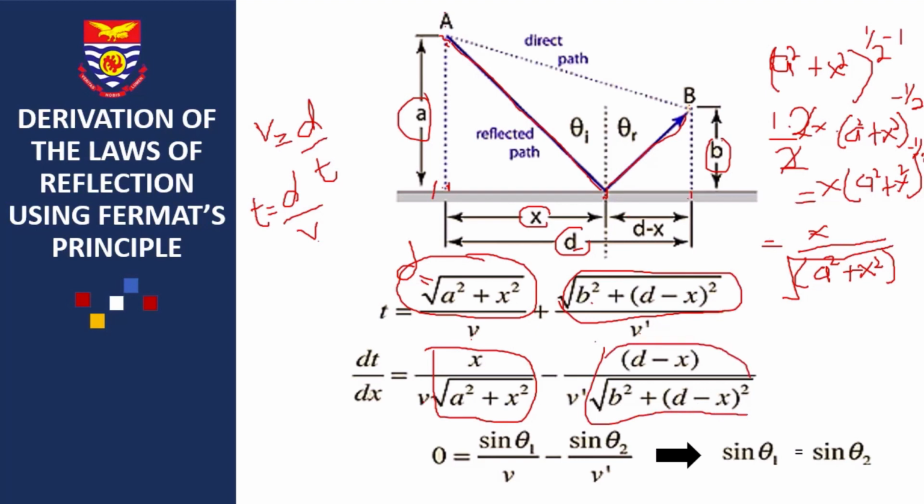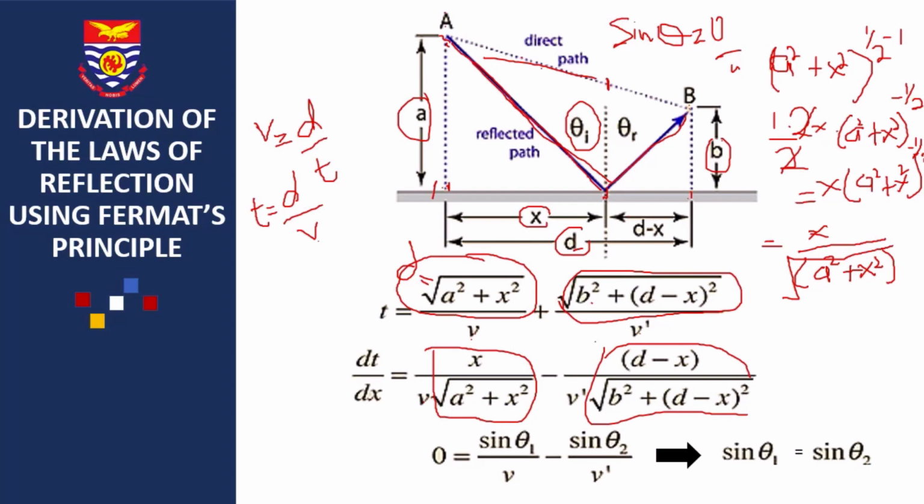Now we know that sine is always equal to what? Opposite over what? Hypotenuse. And now let's look at this theta here. Our opposite is here, and our hypotenuse is what? Is here. Look at what we have here, we have our opposite to be x, which is here and is the same as what we have here, ending here, right?